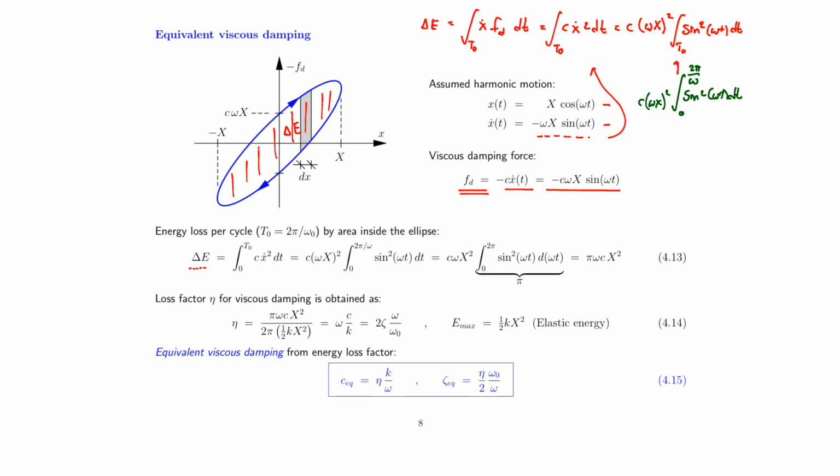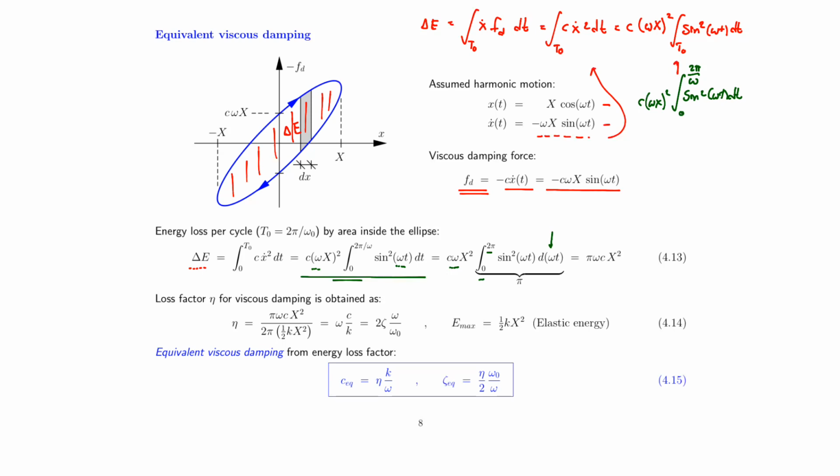And this is actually the integral that we have right here. One way to solve this is to identify that the argument inside the sine function is not t, but omega t. And that means that we multiply by omega, but we also divide by omega, so we only have omega and not omega squared, as we have in the previous expression. And suddenly we are not integrating from 0 to a period, but from 0 to 2 pi.